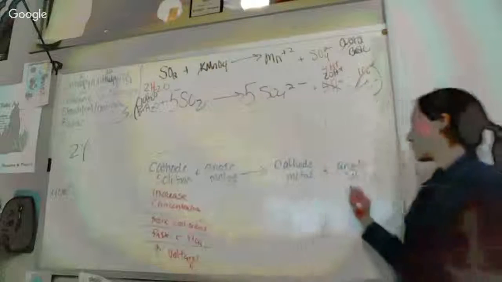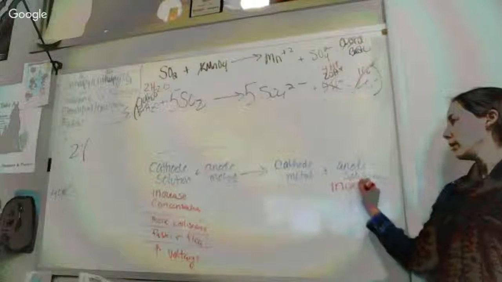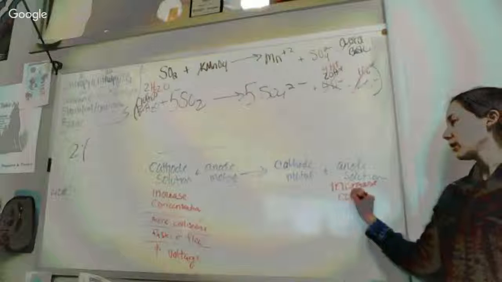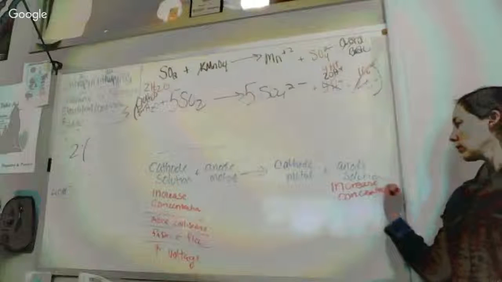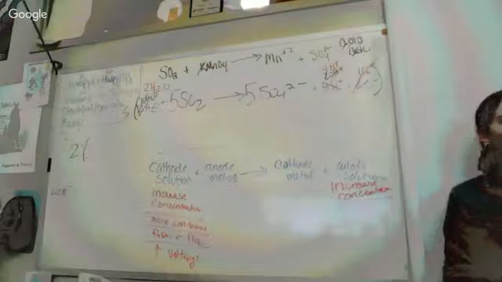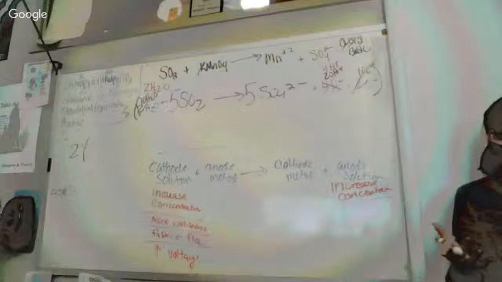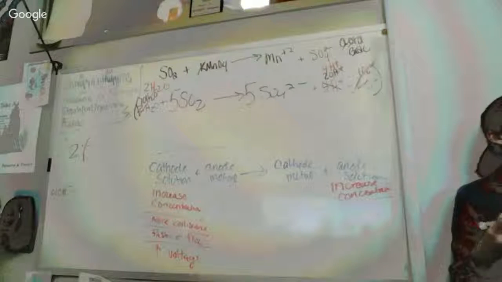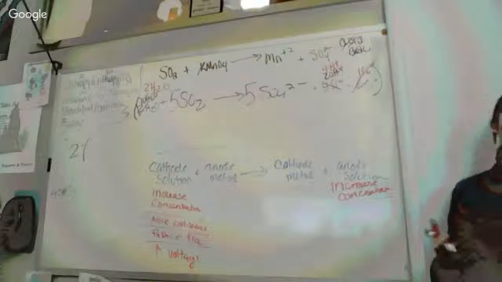Now, if my anode solution is higher, if this has the higher concentration, we already have excess of your positives. Essentially, having too many positives makes it difficult to make more positives.